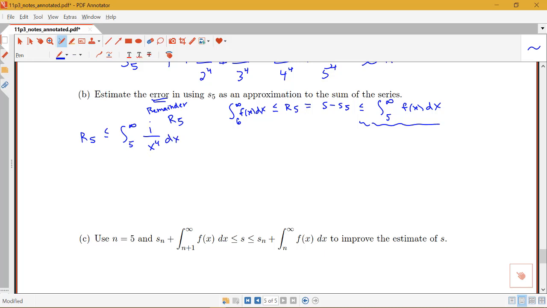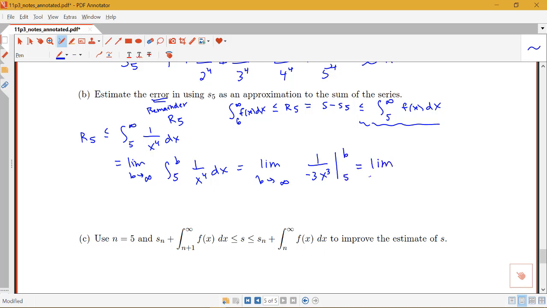Notice that what I have to compute here is an improper integral. So I'll need to find the limit as b goes to infinity of the integral from 5 to b of 1 over x to the fourth dx. I'll have to take the antiderivative of that. So 1 over x to the fourth has antiderivative x to the negative 3 over negative 3, or 1 over negative 3x cubed, evaluated from 5 to b.